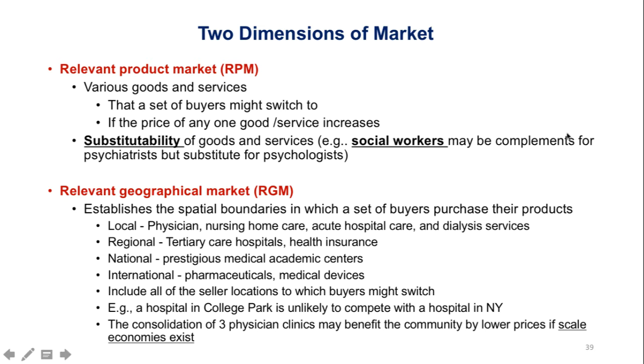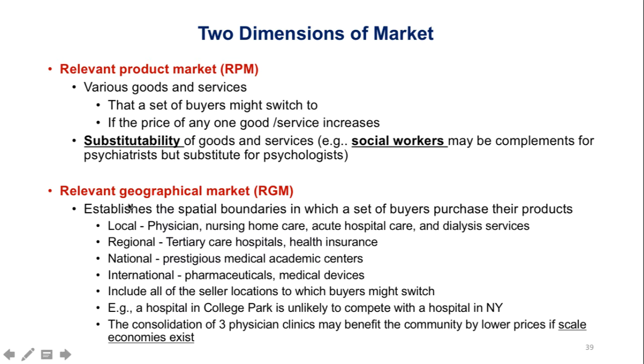For example, there are lots of studies showing that social workers may be a complement for psychiatrists and a substitute for psychologists. So when defining the relevant product market, you have to consider whether different products or services can be used as a substitute or as a complement.